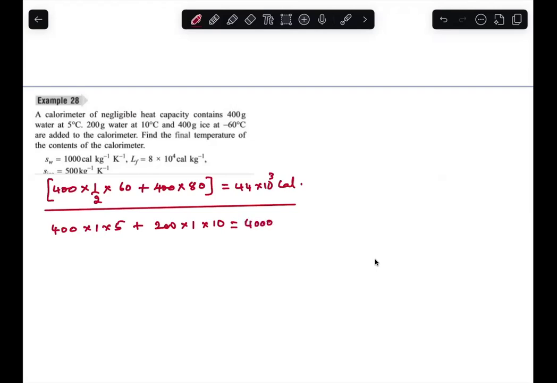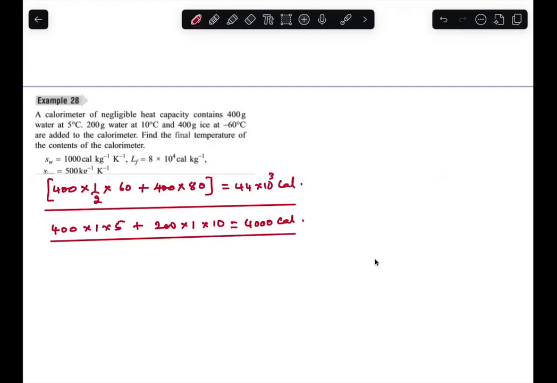Trust me, you can write this as 400 into 5, 400 into 5, 400 into 10, 4,000 calories. Fortunately, a calorimeter does not have any of this part. So my understanding is that the beggar is dominating, whereas the donor does not have that much amount of funds.